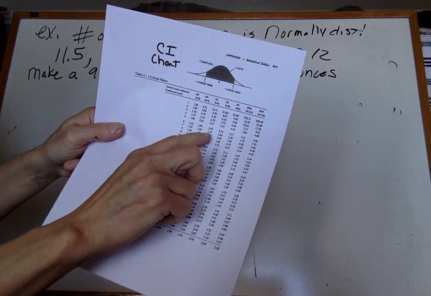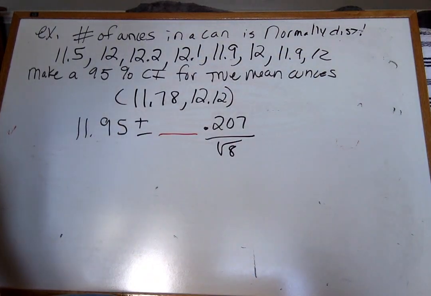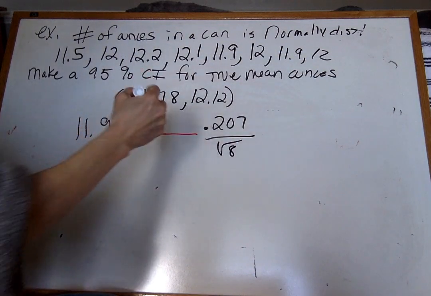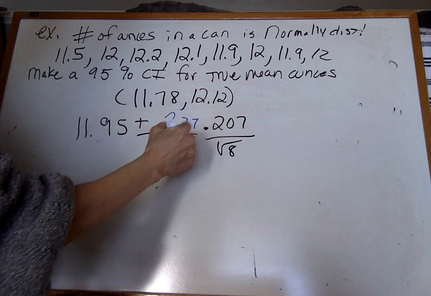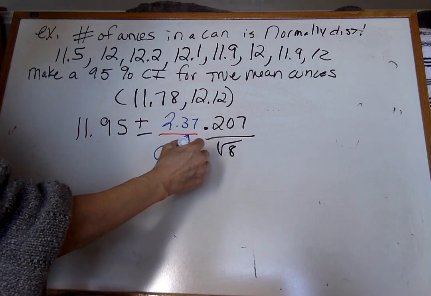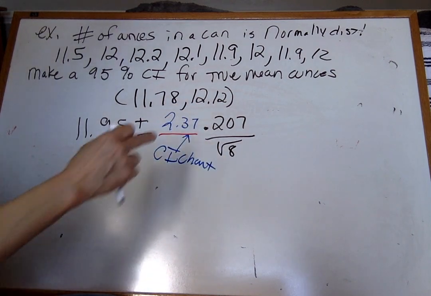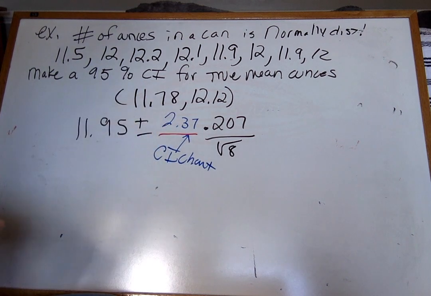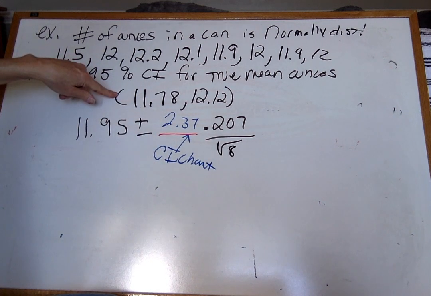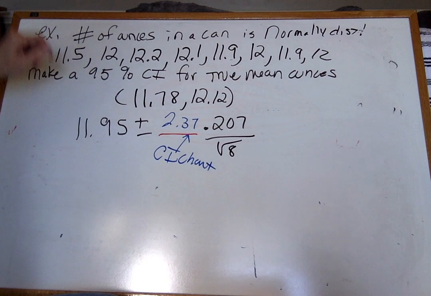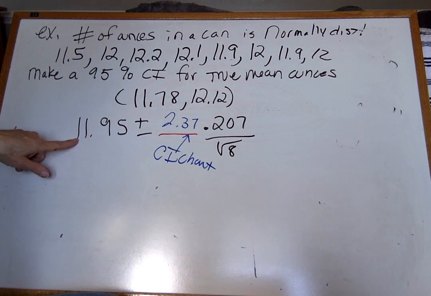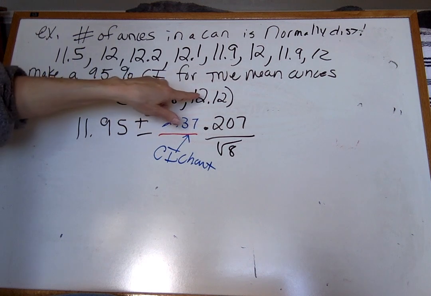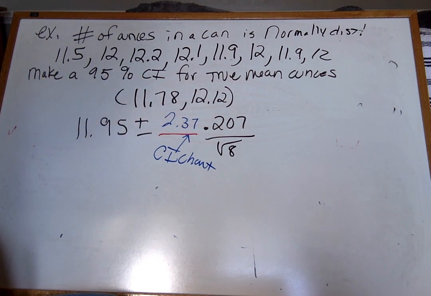So you should see the number 2.37. Remember, this is coming off your CI chart, that 2.37. Okay, that's your confidence interval for the population mean number of ounces. The 11.95 was just for the 8 cans. This is a statement on the population of cans.